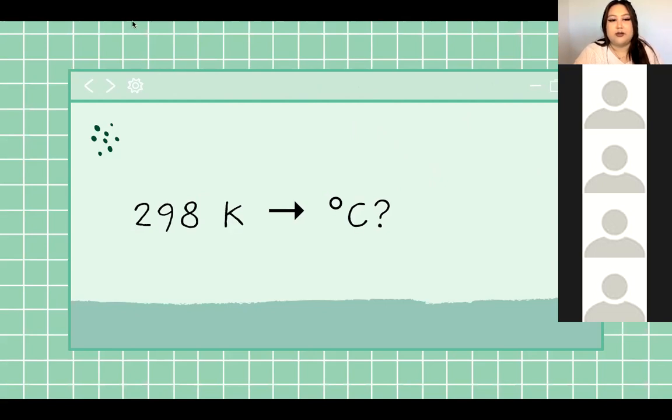And then another one, so we're going to go the other way. We started with 298 Kelvin, and we want it in degrees Celsius. This is the formula, right?